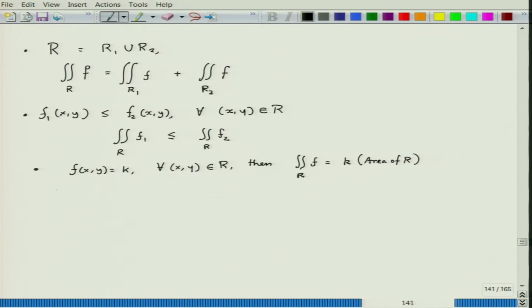Now you have two functions f and g, and both have their integrals finite over R, that is, integral over R of f and integral over R of g exist.